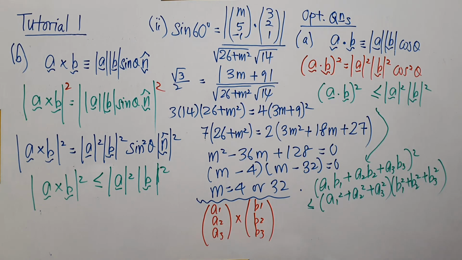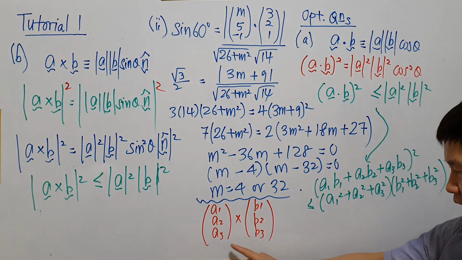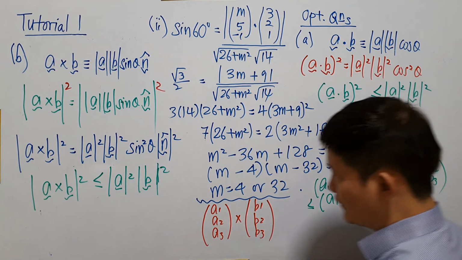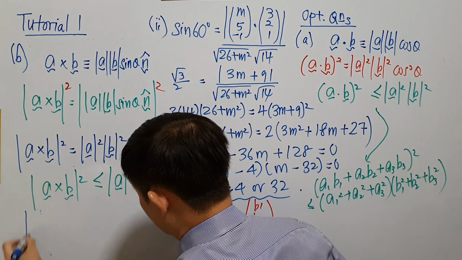If you cover the first row, you're going to get A2 B3 minus A3 B2. So the left hand side is actually a vector that's like this.